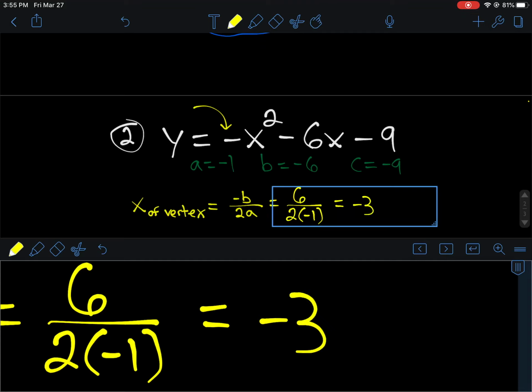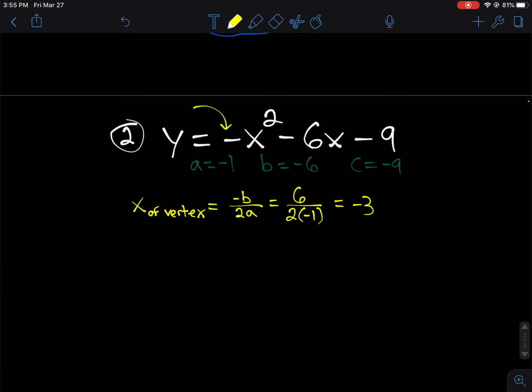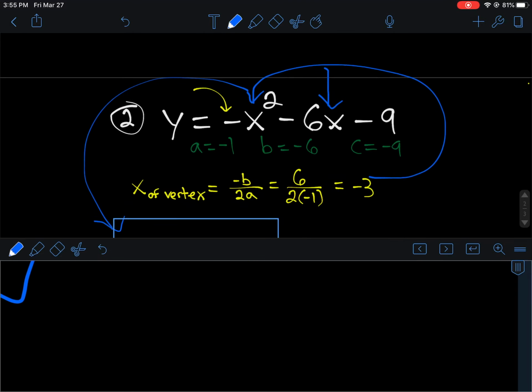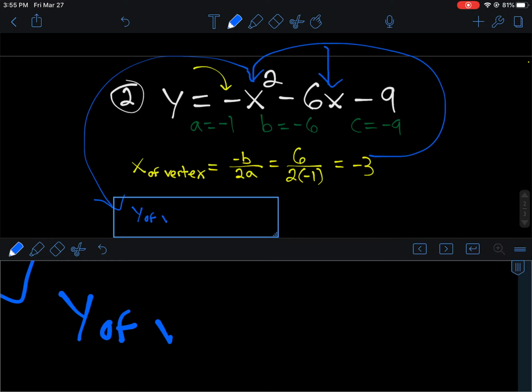So negative 3 is going to be the x of the vertex in this case, and this is the part where people mess up, when they substitute this in. We're substituting this into x right there and substituting it into x right there to find the y of the vertex. So now I'm going to come down here. To find the y of the vertex, again, very important to pay attention to this part.